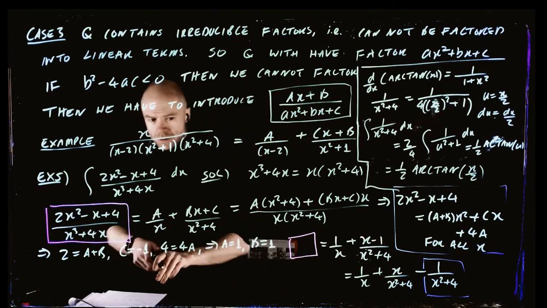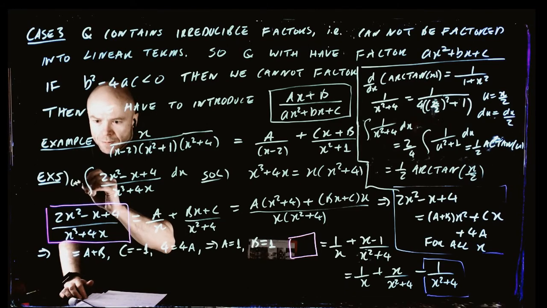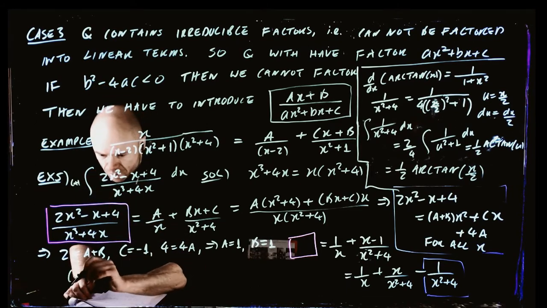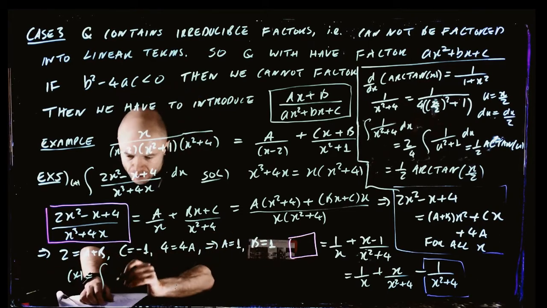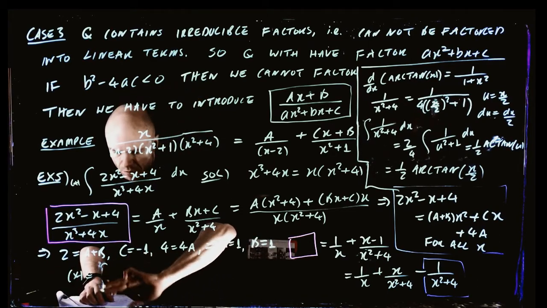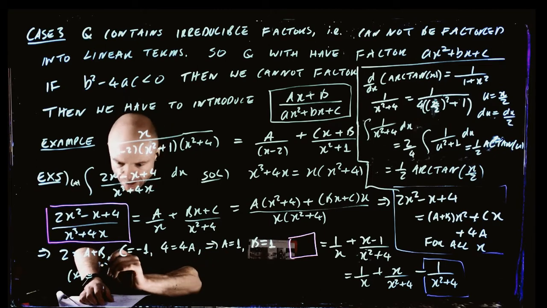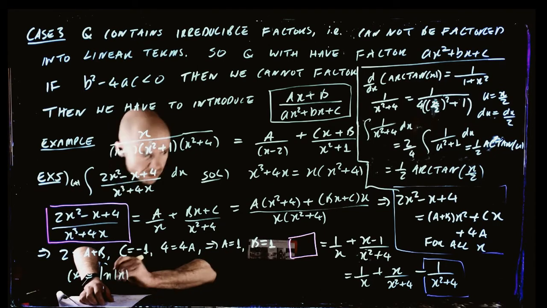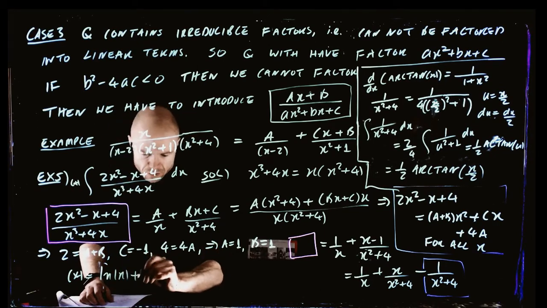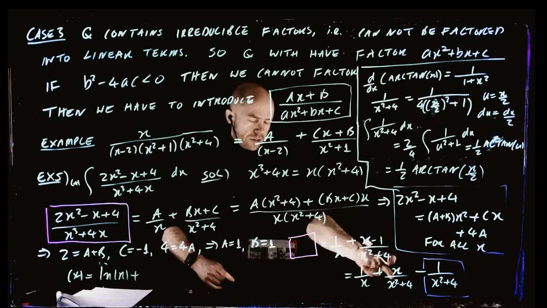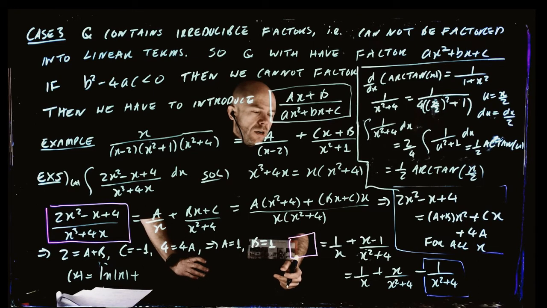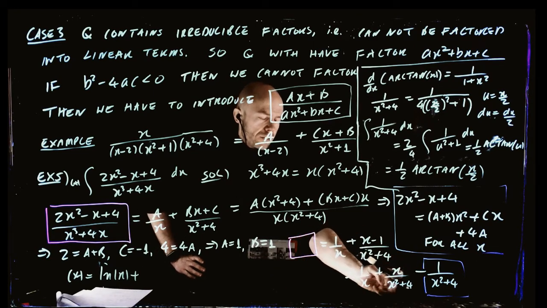So this guy right here, let's just integrate stuff over here. I'm going to have log of x like this. This guy, if we do the u sub, let's do it in our heads by differentiating log of x squared plus 4.